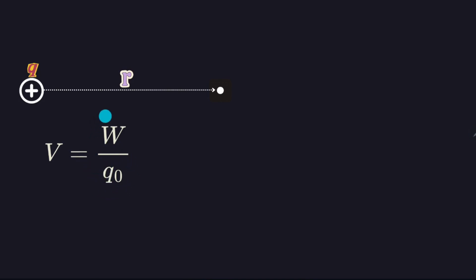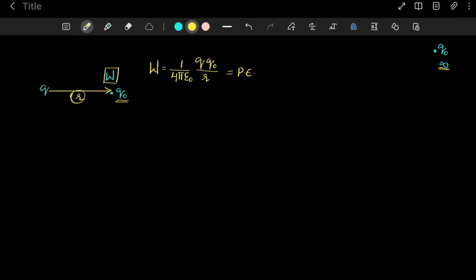So the electric potential at this point is V equal to W by Q naught. Already, if you remember, I gave one formula for W, this formula. So here V is equal to W by Q naught.